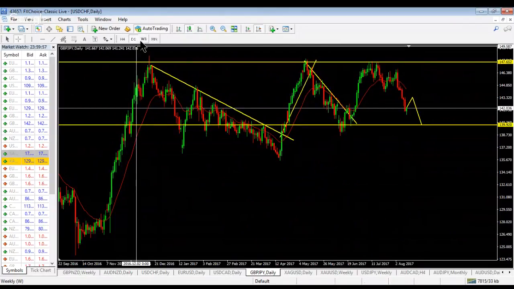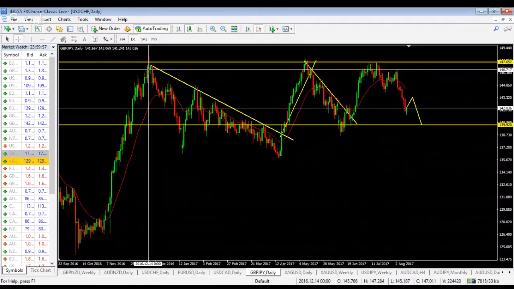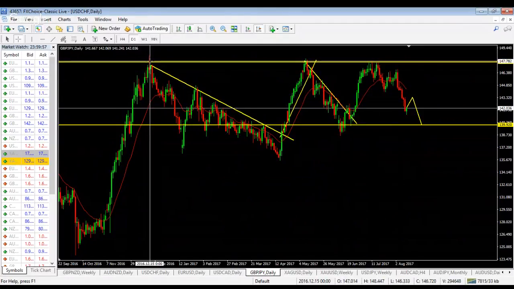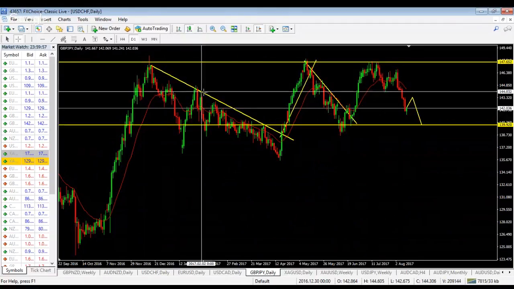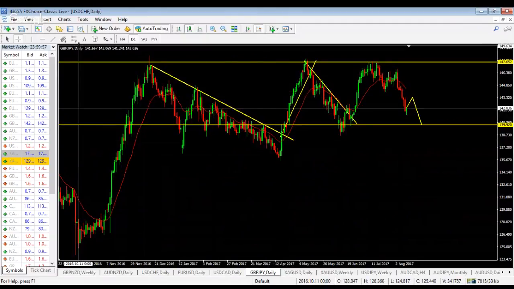So you're looking on the higher time frames. You're looking for your highs and lows. You're placing your trend lines. Trend line, if it's going on a downtrend, you're going to start at the highest point and drag it all the way to the lowest point. If you're working on an uptrend, you're going to take it from the lowest point and drag it all the way to the highest point.